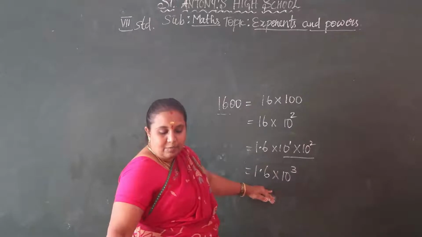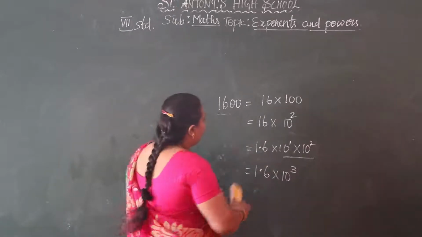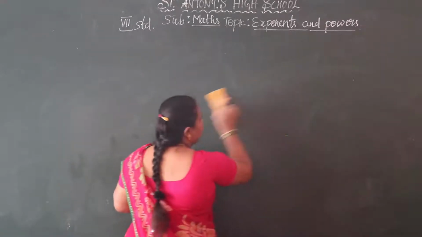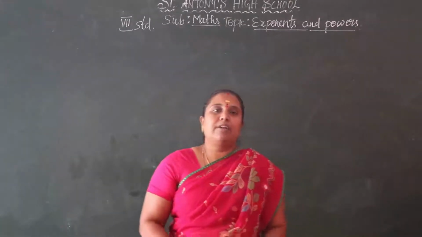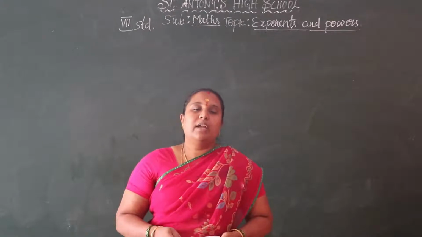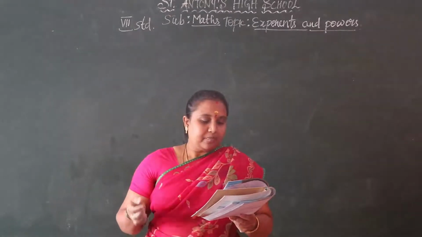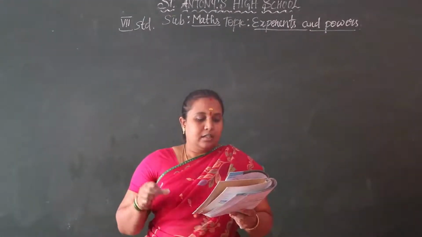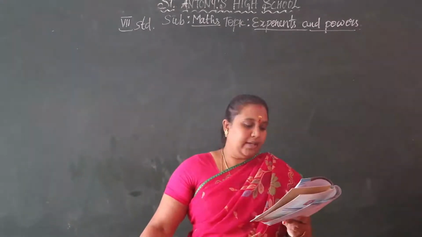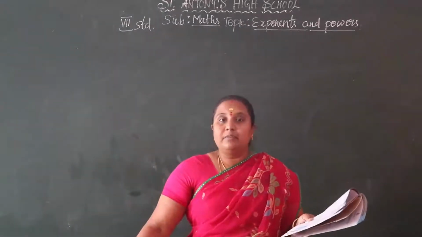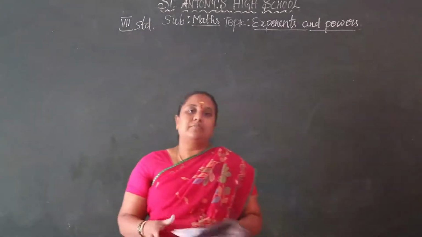So as I said, it is given in your textbook. One more problem, let us solve. In your textbook it is given the largest values. That is, the sun is located so far from the center of our Milky Way galaxy. It is a very large value.